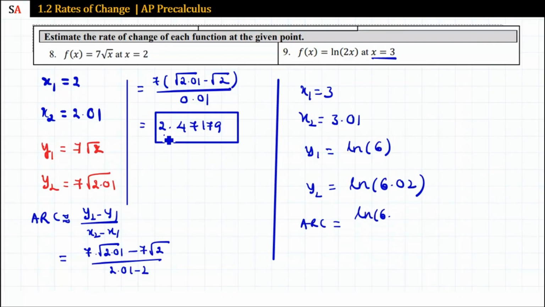So that is ln of 6.02 minus ln of 6 over 3.01 minus 3, which is 0.01.